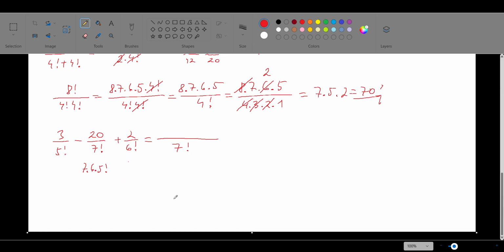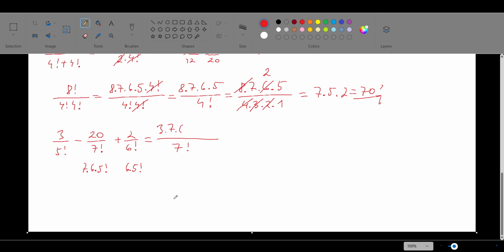Because 7 factorial is 7 times 6 times 5 factorial, and 6 factorial is 6 times 5 factorial. So it means our first fraction must be multiplied, the numerator and the denominator, by 7 times 6.